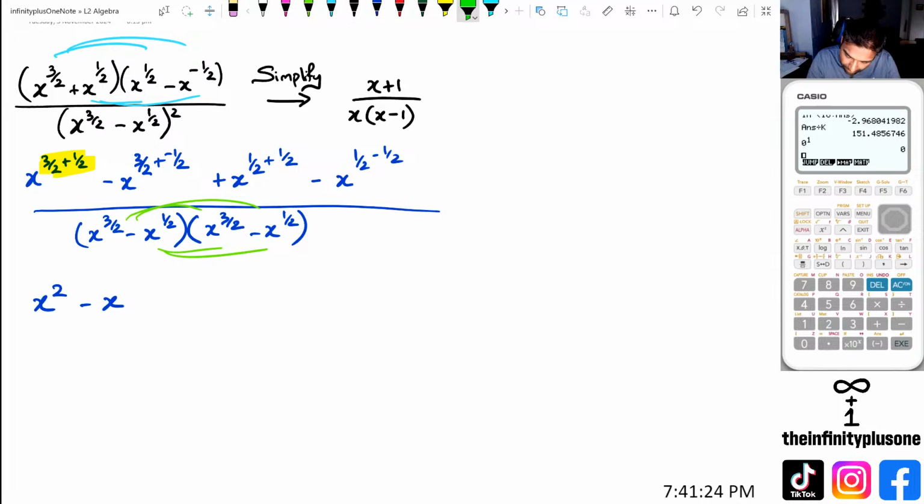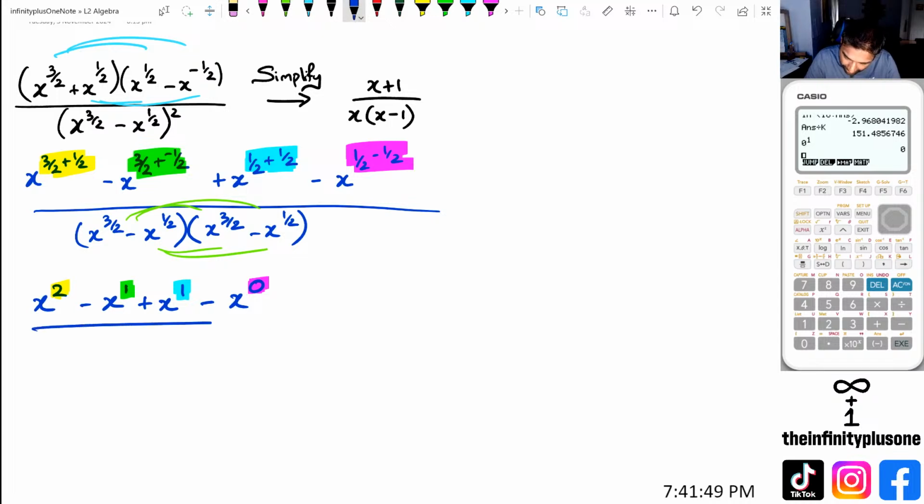Minus x to the power of 3 over 2 minus 1 over 2. So that's 2 over 2, which means I'm going to get just 1. Plus x to the power of half plus half is 1. That's the green one, that's the yellow one. Then I have minus x to the power of 0, because this thing here is equal to 0.